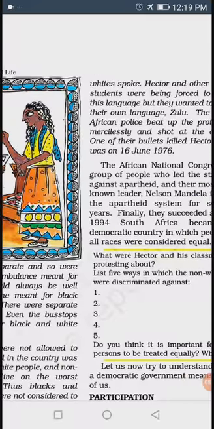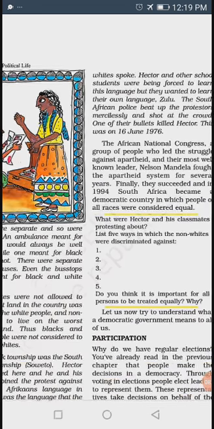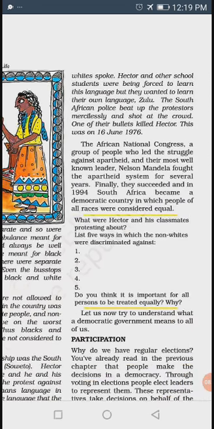And actually what did these children want? Afrikaans was spoken by the white people, and these white people were forcing them to learn in this Afrikaans language, but actually the students wanted to learn in their native language, Zulu. These children wanted to get education in their local language Zulu, but the white people were forcing them to take education in the Afrikaans language. And in this the police beat up these protesters mercilessly and shot at the crowd.